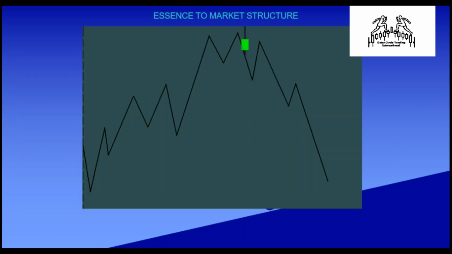What we are seeing here is a framing of market structure, but that I've tried to simplify. So you can see a move towards a key level, towards a key resistance, towards a key high, towards a key area of draw on liquidity, or towards an order block.